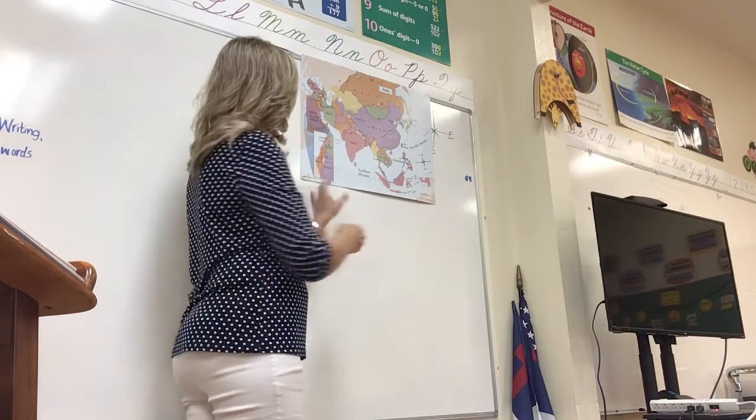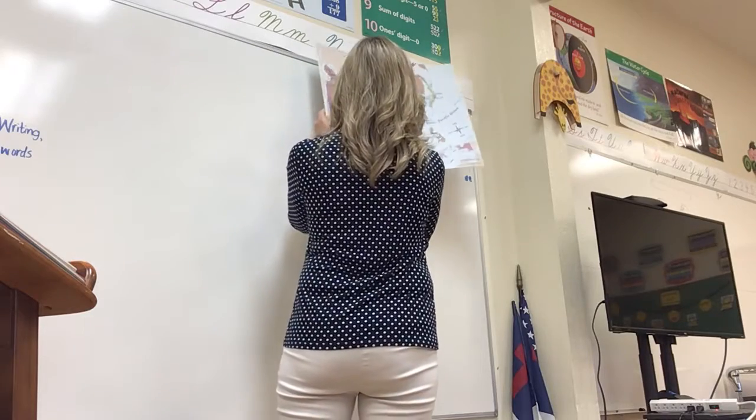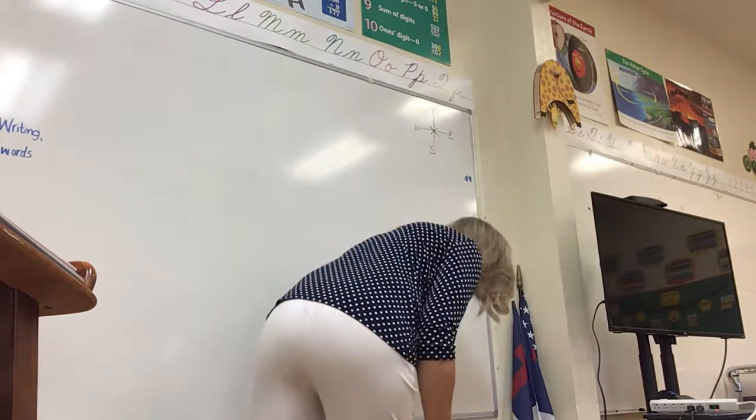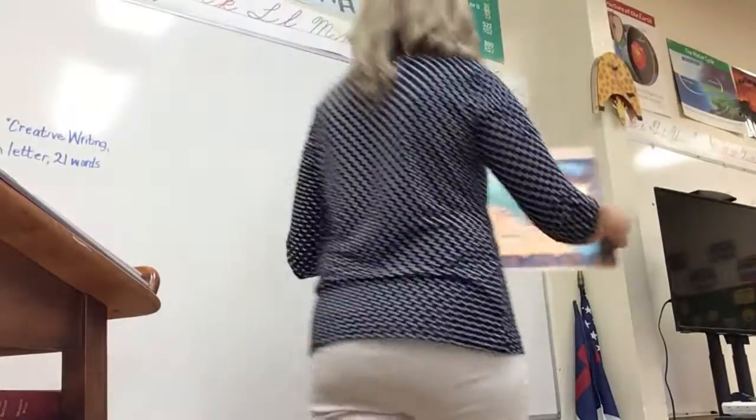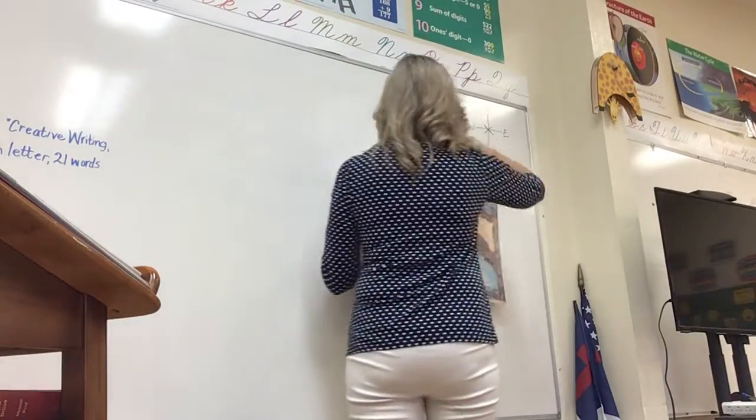Okay? All right, so there's map of Asia. I'm going to leave that one there because I may have to refer back to it today. And I'm going to show you the beginning of the world.